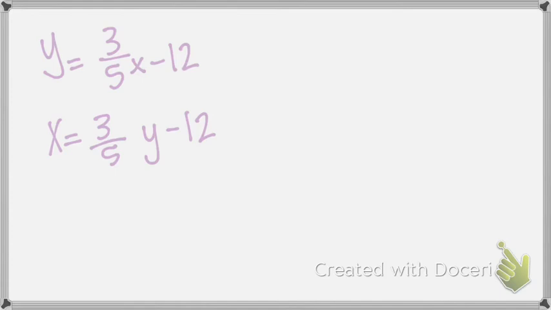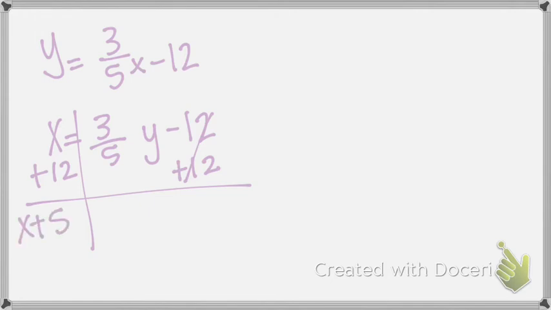Now, to get things started, we must add 12 to both sides. Well, x plus 12 is just x plus 12 equals 3 over 5y.